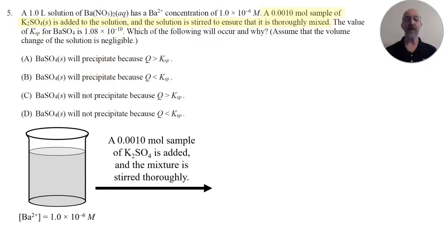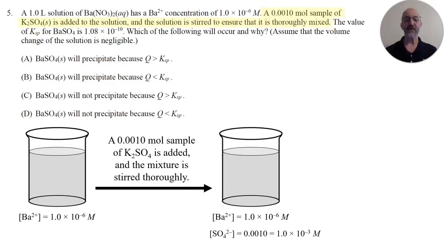Now, potassium ions are part of that set of soluble ions that I had mentioned earlier: sodium, potassium, ammonium, and nitrate. So when the potassium sulfate goes into this solution, it will dissolve, producing potassium ions and sulfate ions. It says the solution is stirred to ensure that it's thoroughly mixed. It says assume that the volume change of the solution is negligible.